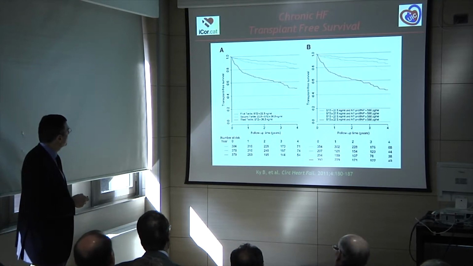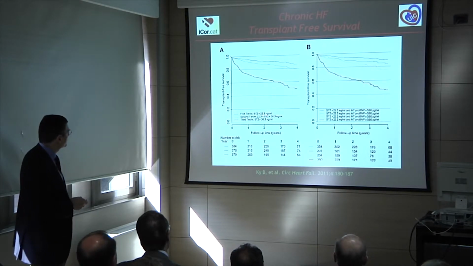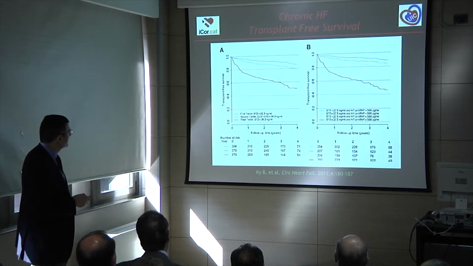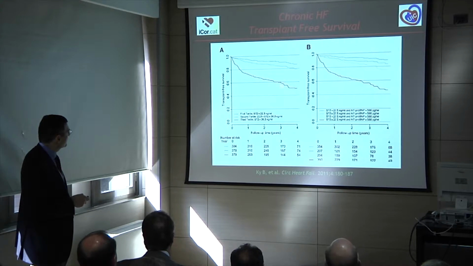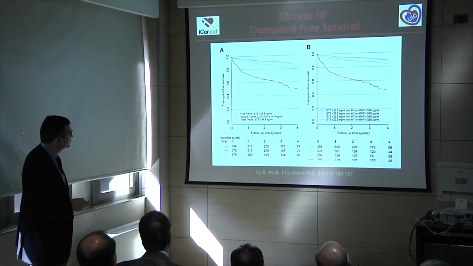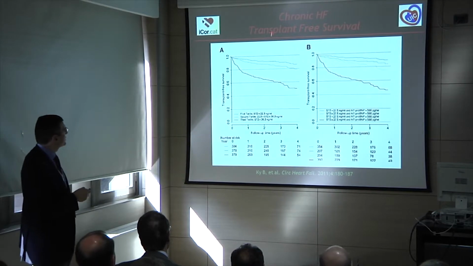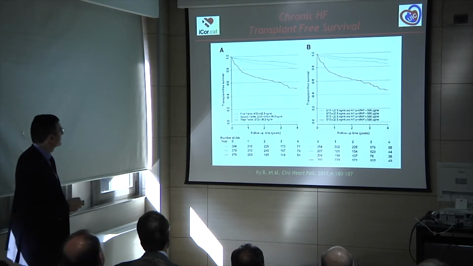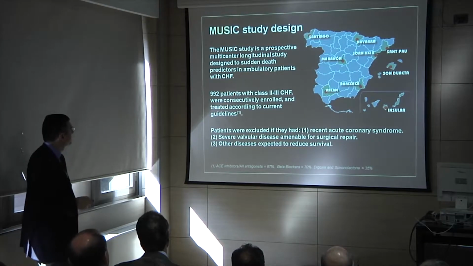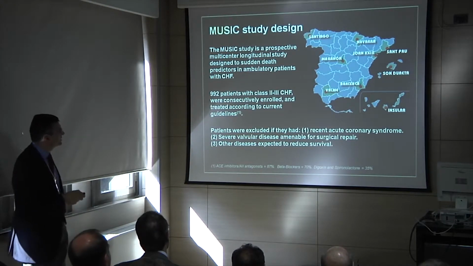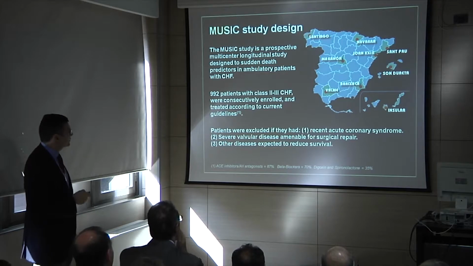These are the results of the Kaplan-Meier curves for ST2 divided by tertiles. The higher the tertile, the higher the risk. And this is the combination of ST2 plus NT-proBNP coming from a chronic heart failure cohort, which includes transplant-free survival. As far as ST2 and sudden cardiac death, it has already been alluded to.